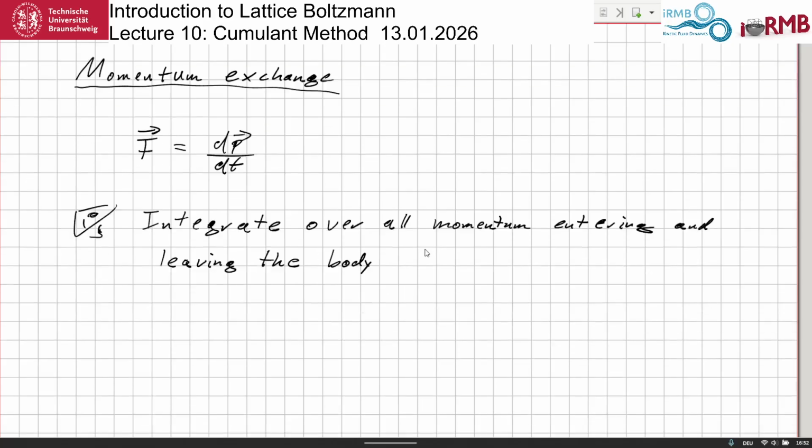Okay, our usual picture. Say this is X and this is T as always, and here we have, this is very ugly, here we have a wall, and here we have our lattice nodes.